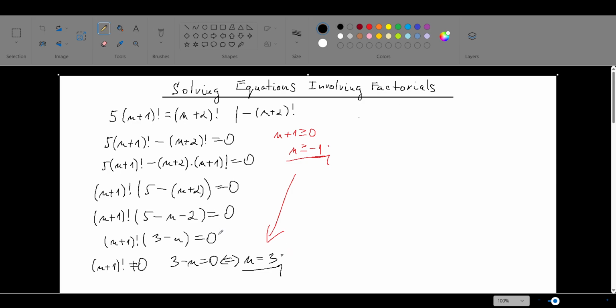Now let me show you another way how you can solve this one, and I'll explain a very tricky thing also in this operation. So 5 times (n+1)! is equal to (n+2)!.